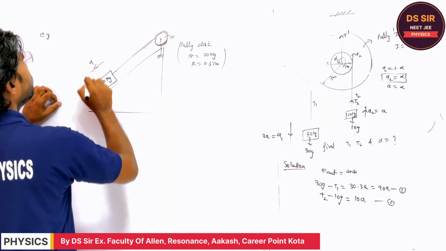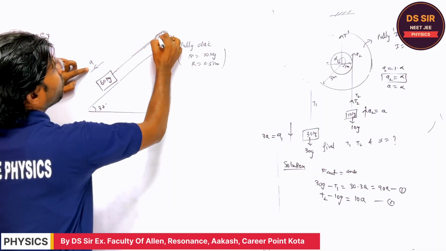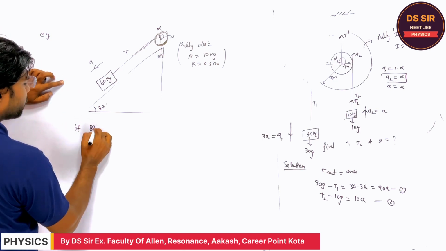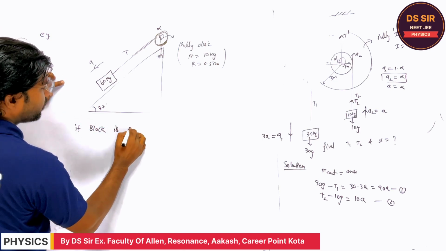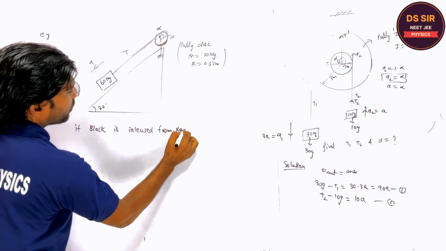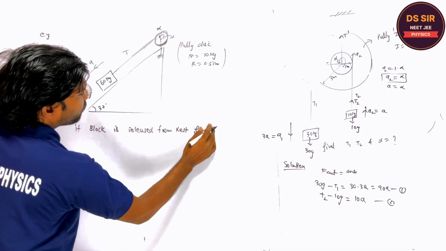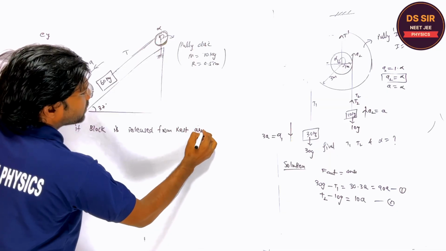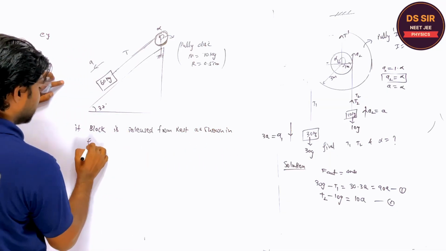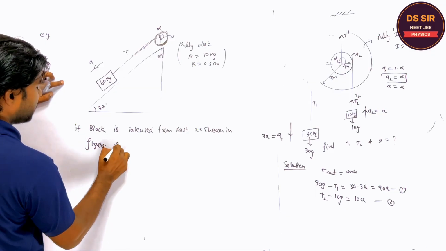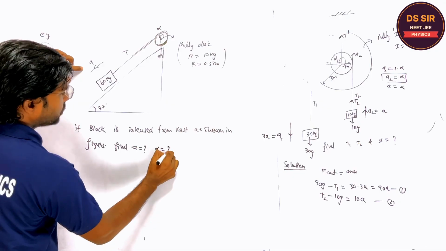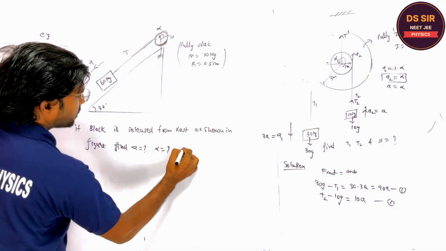So what you have to find? You have to find the A. You have to find the alpha. You have to find the tension. If the block is released from rest as shown in figure, find acceleration A, angular acceleration, and the tension in the string.